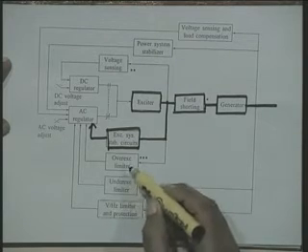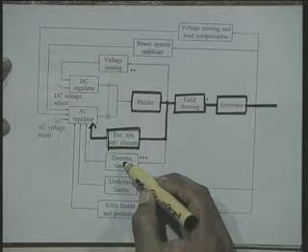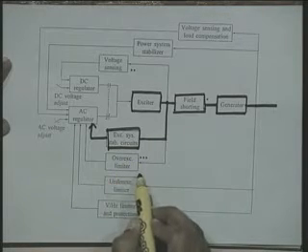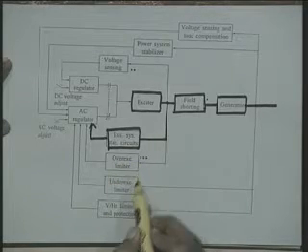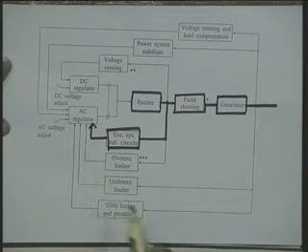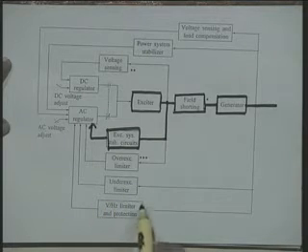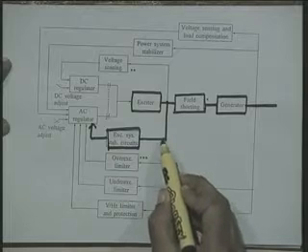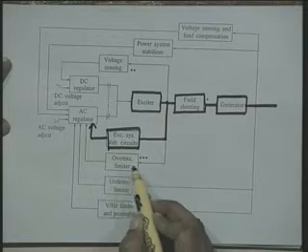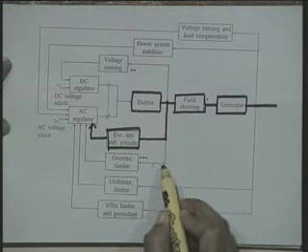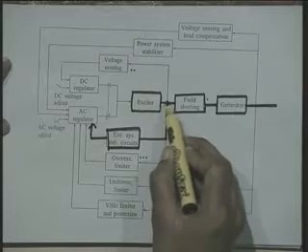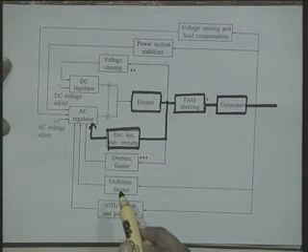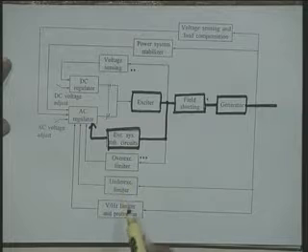Then there are three limiting circuits: the over excitation limiter, under excitation limiter, and volts per hertz limiter and protection. The over excitation limiter takes its input signal from the output of the exciter and feeds it to the AC regulator.